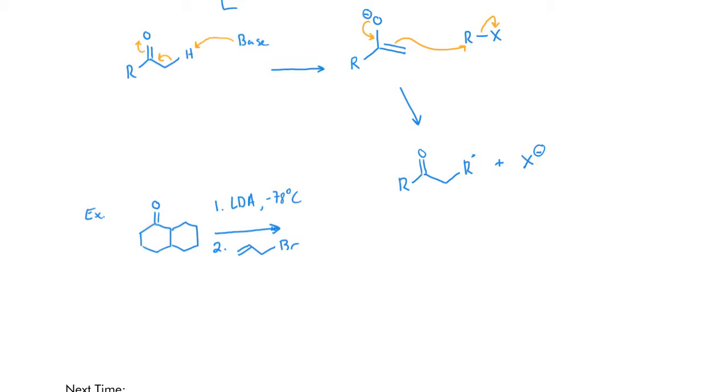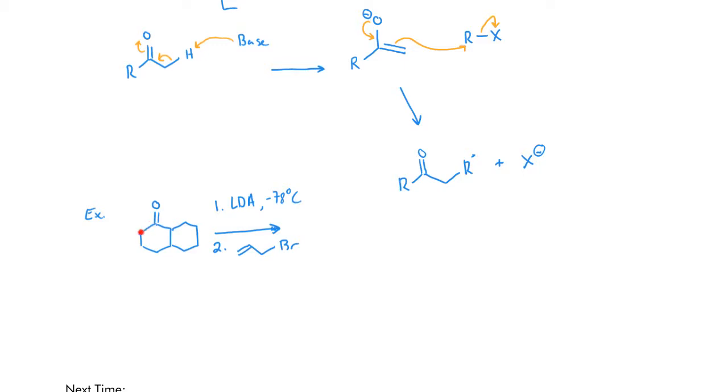So if we look at this, we identified two alpha carbons, alpha 1 and alpha 2. Now we're treating this with LDA, a bulky base, with cold conditions. So that tells us we are running under kinetic conditions. So we have to think about, well, which enolate we would form. Well, that would be the kinetic enolate, which would be the less substituted enolate.